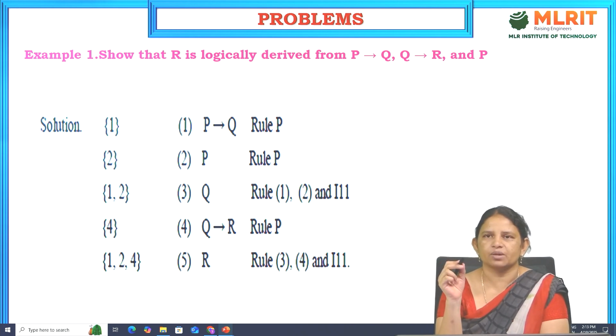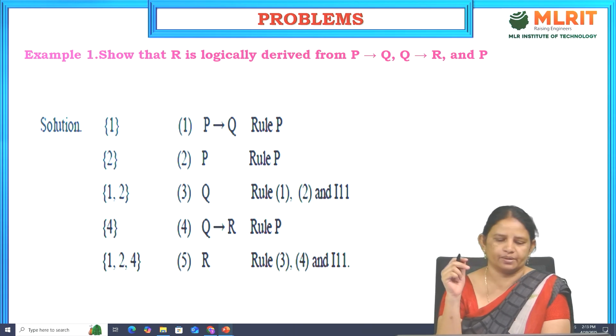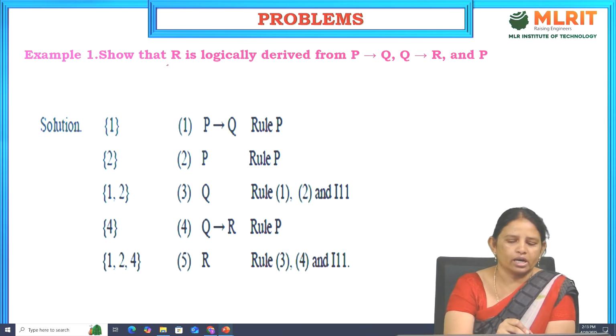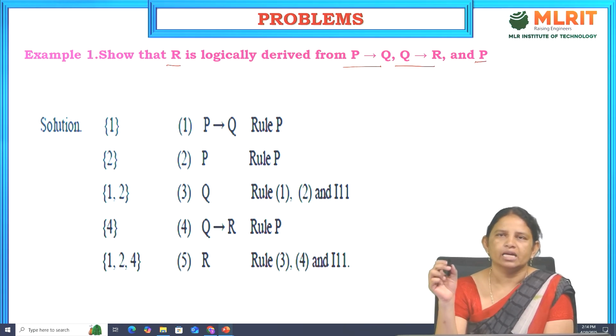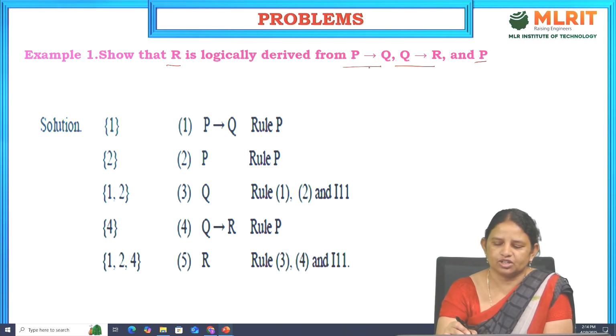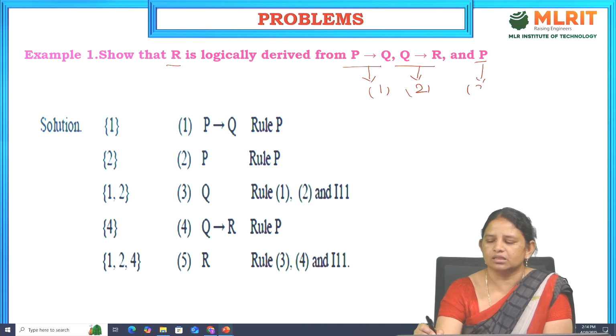Now we'll take some examples of how the conclusion can be derived from the set of premises. What are the rules we are going to apply? I'll explain step by step. Show that R is logically derived from P implies Q, Q implies R, and P. What is the set of premises? P implies Q is the first premise, Q implies R is the second premise, and P is the third premise.